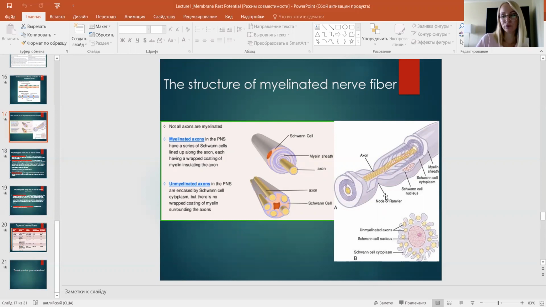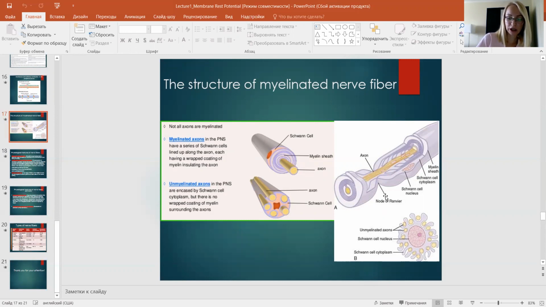Myelin membrane has two functions. First, the trophic function, and second, electric isolation. As the myelin membrane has a lipid nature, it doesn't let ions go through the membrane.